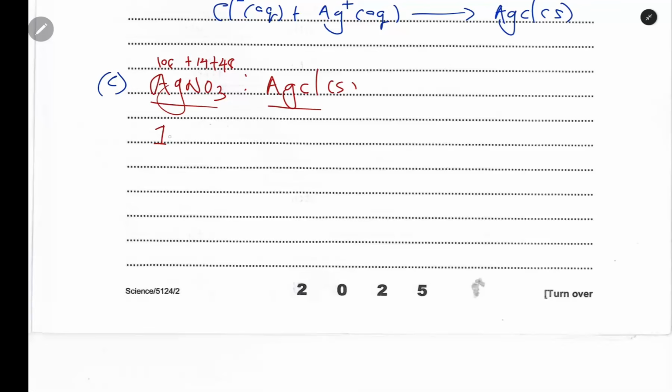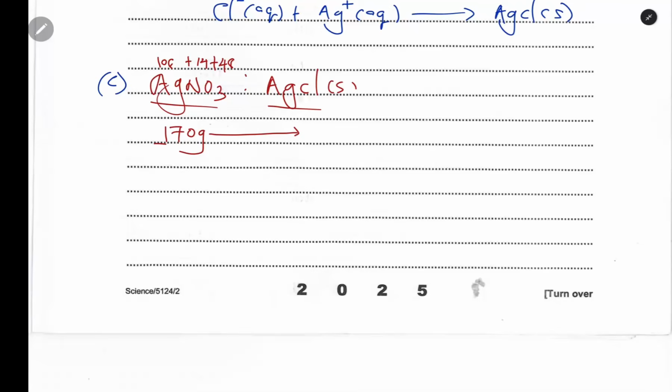170 is just the molar mass of silver nitrate. Silver has a mass of 108. Nitrogen has 14. Oxygen, there are 3 of them, 48. So we have 170 gram of silver nitrate.